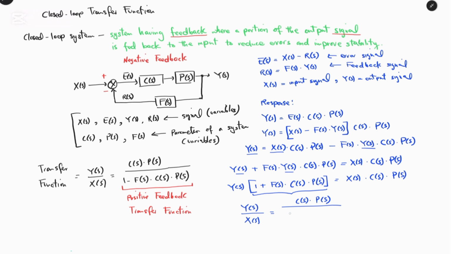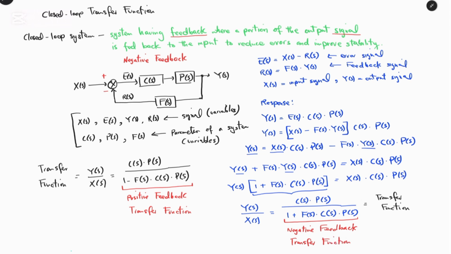That means it is now divided such that 1 plus F of S dot the C of S dot the P of S. So now this becomes our transfer function, and it is not an ordinary transfer function, but we can say negative feedback transfer function.